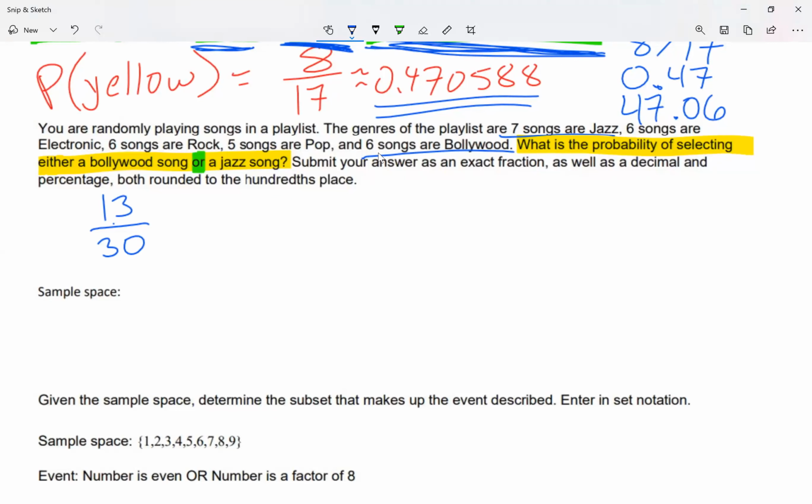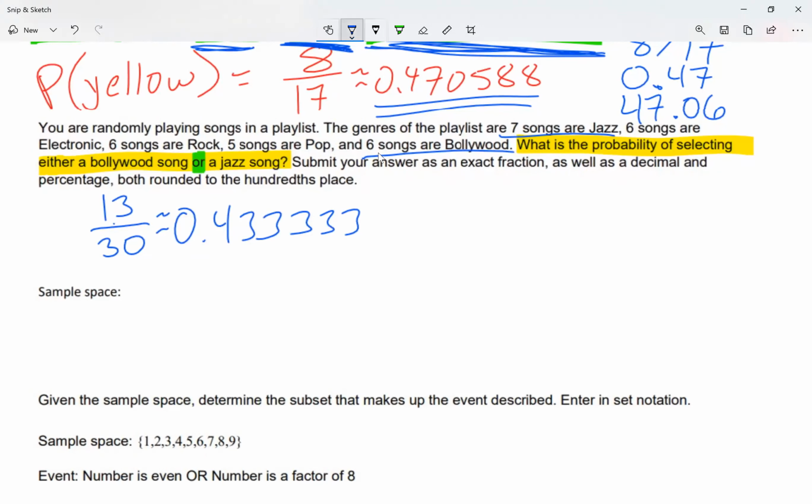So 13 is my favorable outcome, 30 is the possible outcome. I grab my calculator and go, okay, 13 divided by 30. I look at my calculator and it says 0.4333 and a bunch of threes.